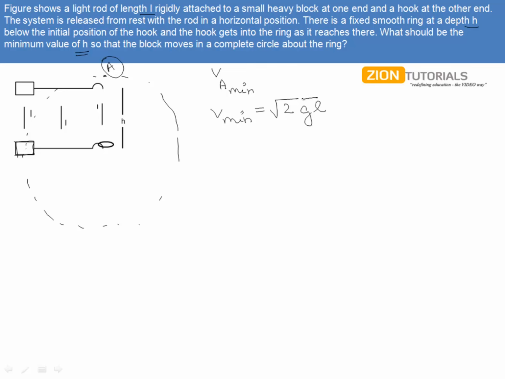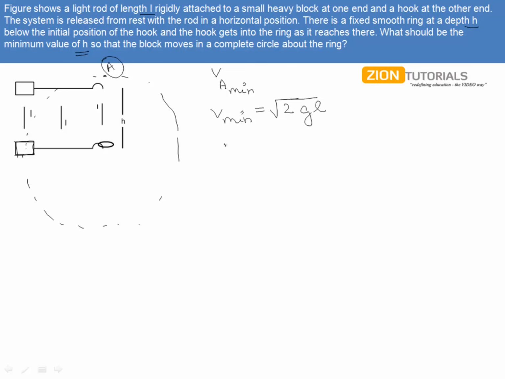Now, when it falls down, it should have the minimum velocity of under root 2GL in order to complete the circle. And the potential energy that it had earlier will be converted to the kinetic energy of this block.